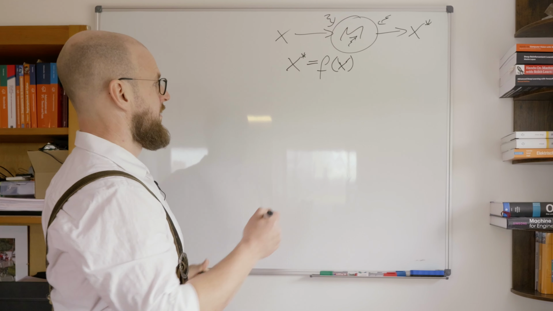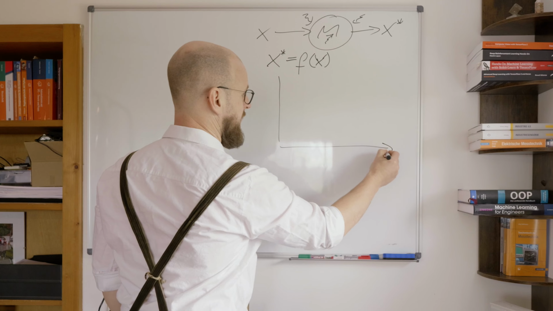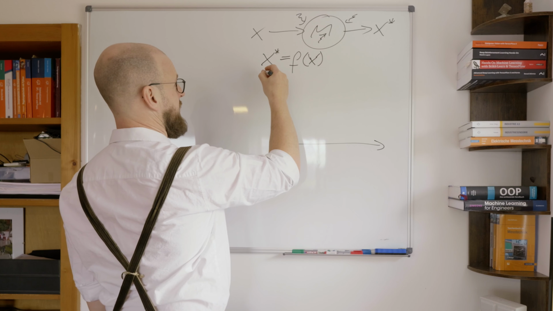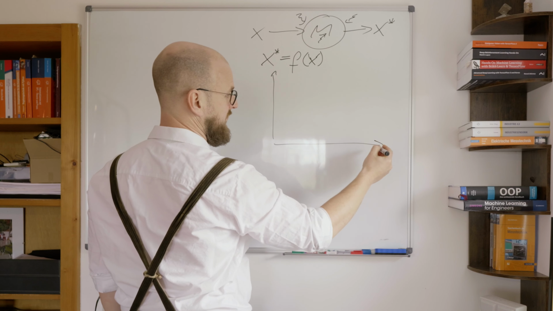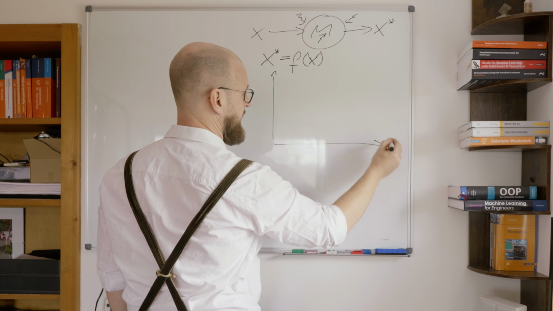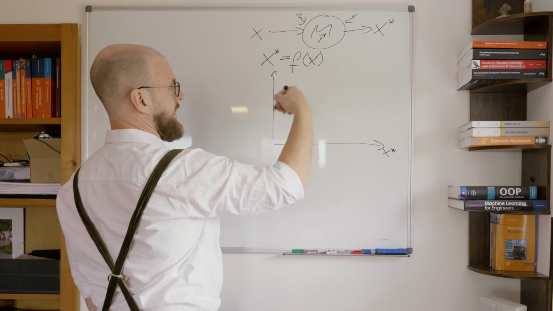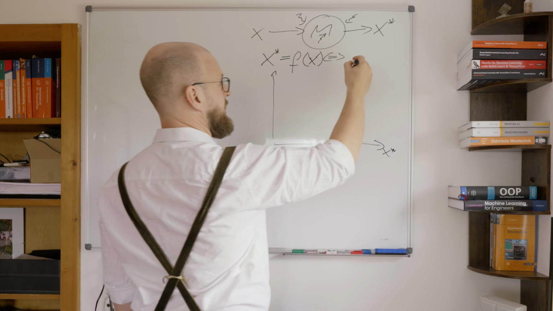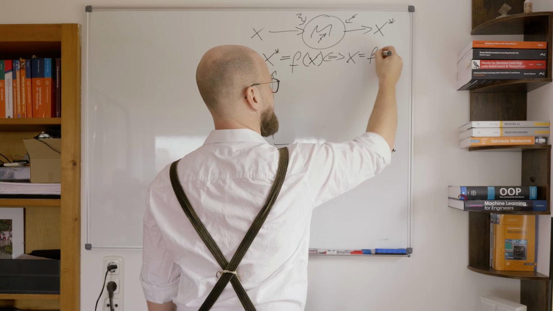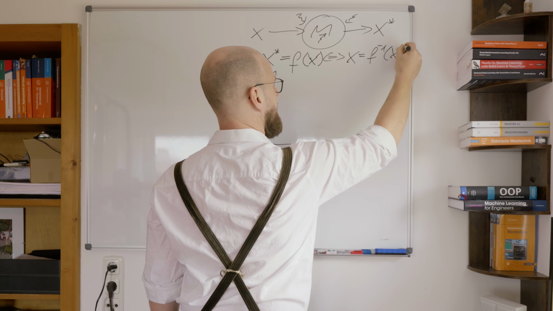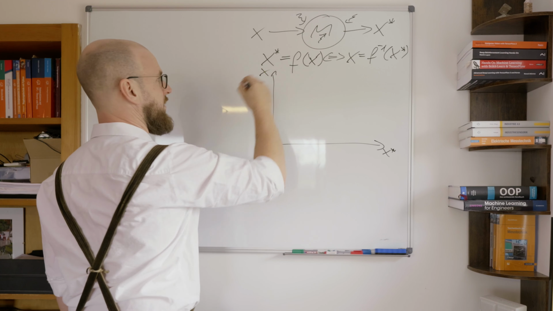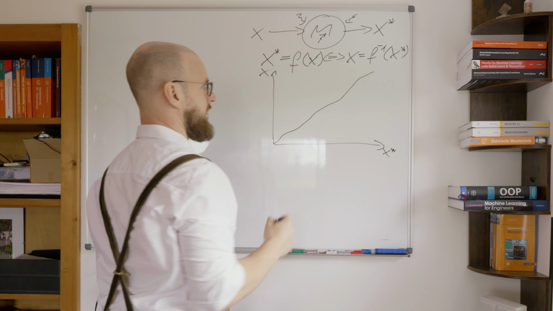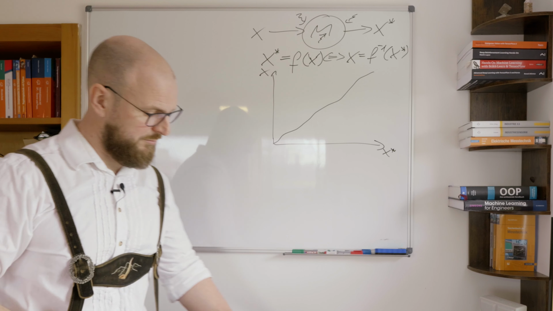So, drawing some diagram, that means we have some measurement value down there. And now, looking at it backwards, we can just use the inverse of that function to get our quantity, which can have any form basically.